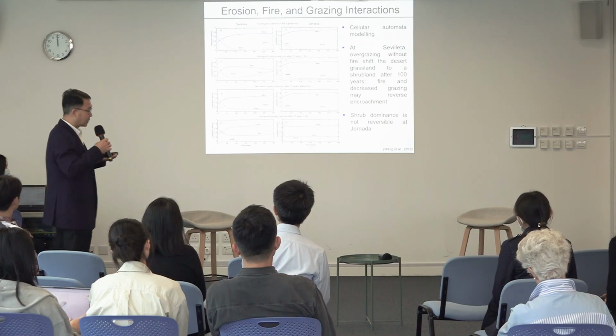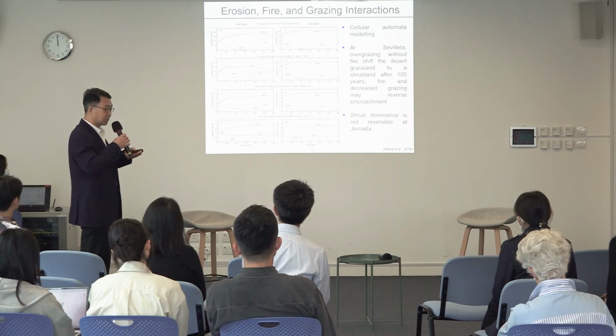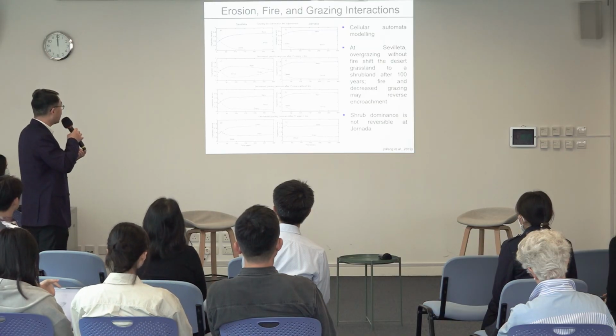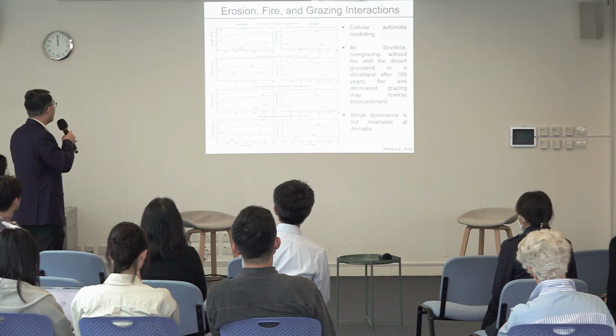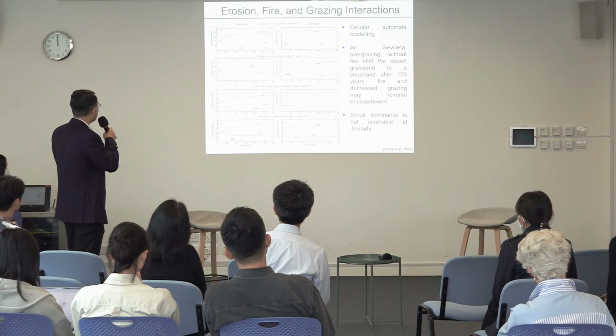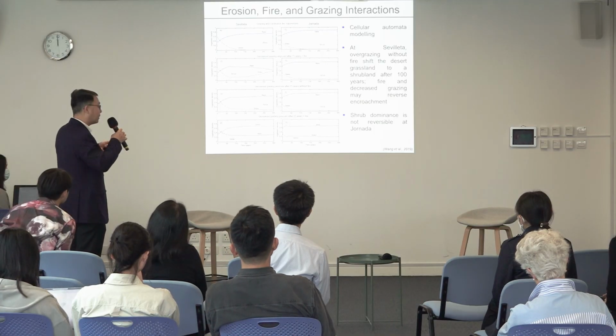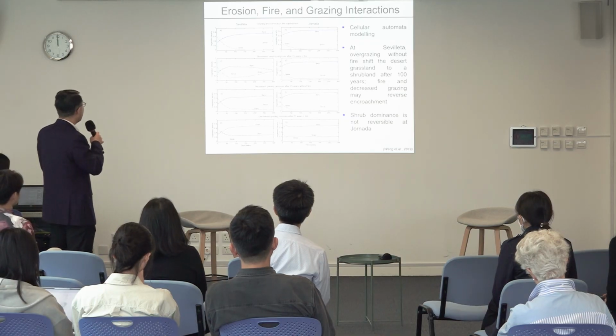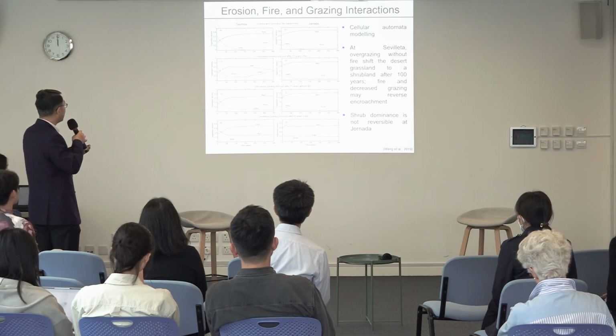Which primarily is going to be the focus of experimental study. So we use this cellular automata modeling approach to investigate the relationship between erosion, fire, and grazing, how they interact over a 300-year period of time, and for both the Sevilleta in the north and Jornada in the south.